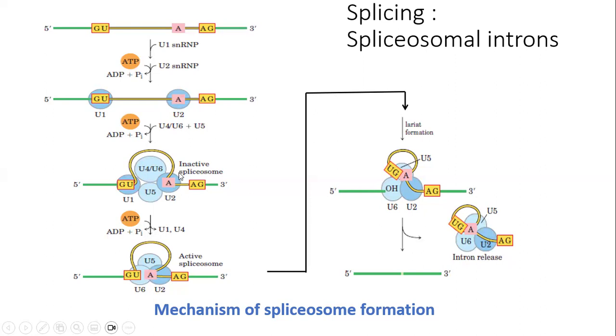It will bring all the groups in close proximity with each other, and a very fast reaction will take place, wherein at the end of the process, again, the exon sequences are joined together and the introns along with all the 5 snRNPs are removed. So this is the mechanism that involves formation of a spliceosome complex and also involves energy input in the form of ATP.